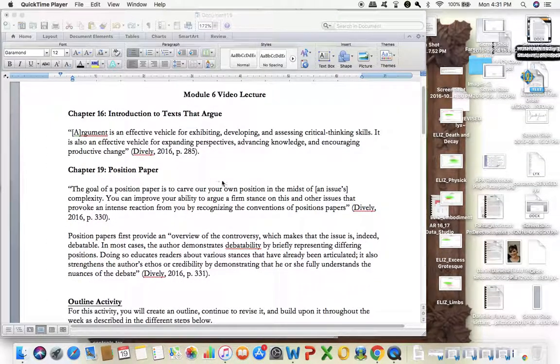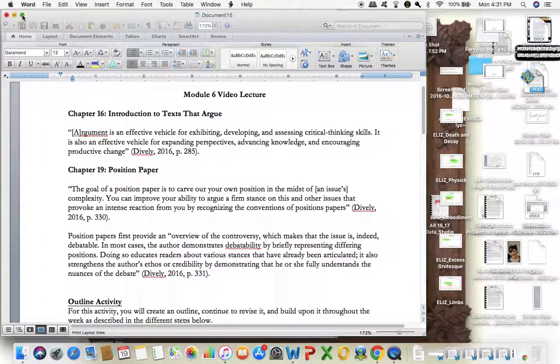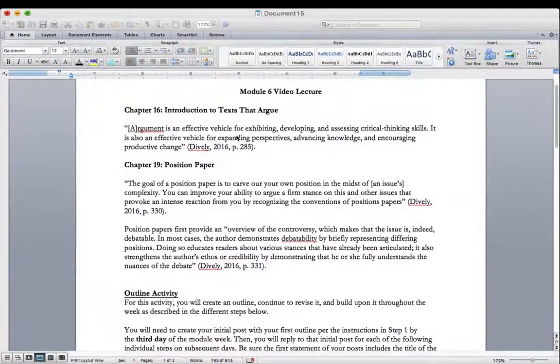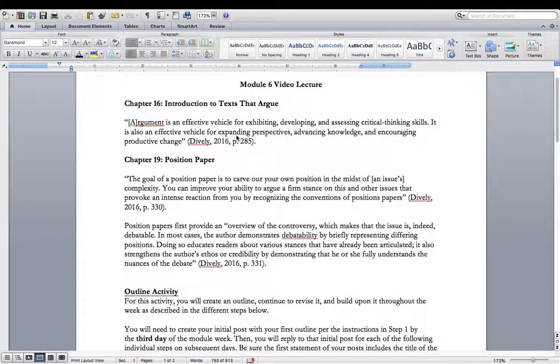I try to highlight what I consider to be the most important things, although there's arguments to that. There's arguments for everything. So I pulled a quotation from our author that I thought was really valuable from this particular chapter because it explains why it is that we write arguments.